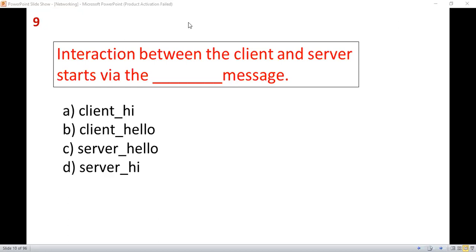So the interaction between the client and server starts via the client hello message. Firstly, the client needs to message the server, and after that we can start the communication between both. Yes, the answer will be B. Now we can move on to the next question.